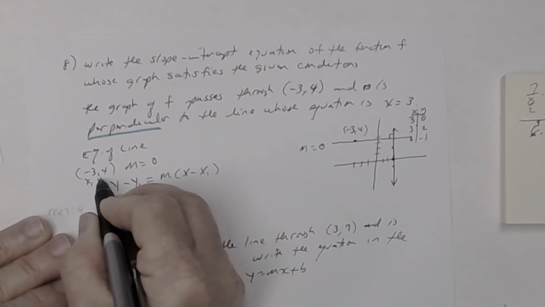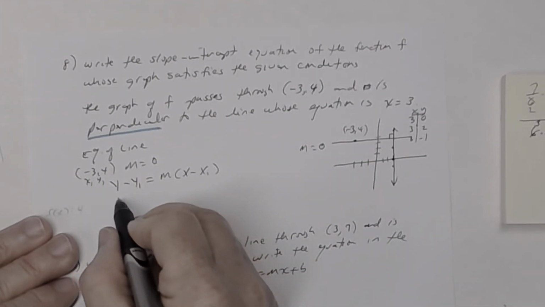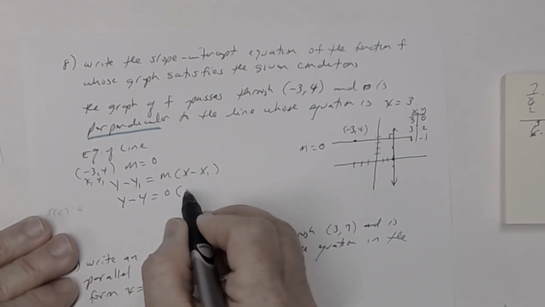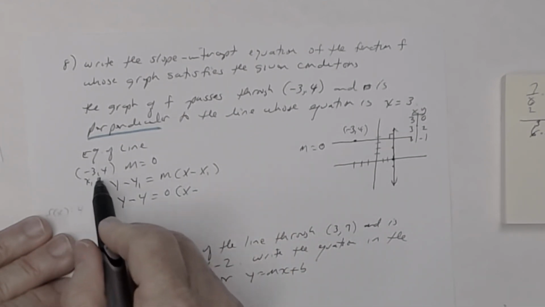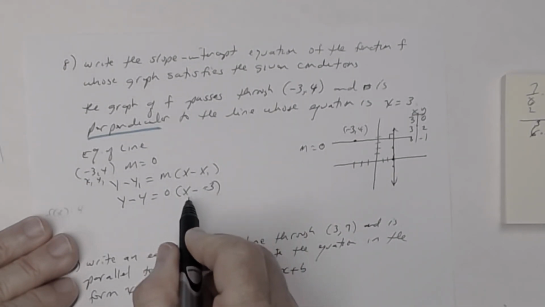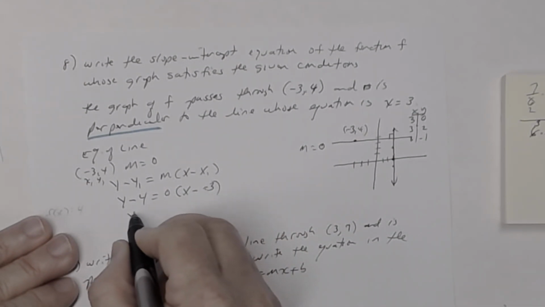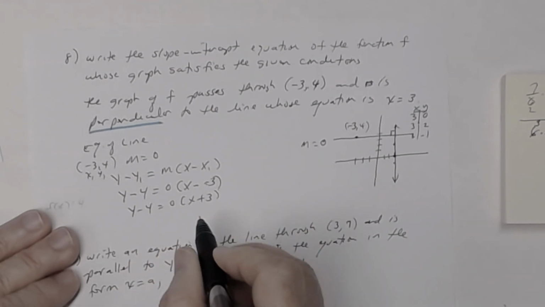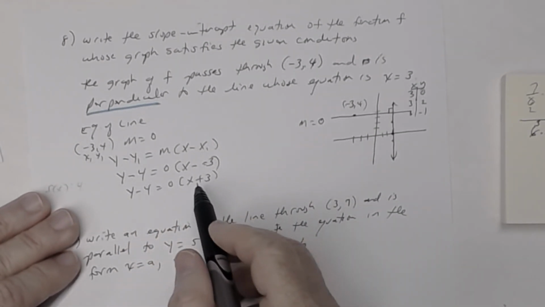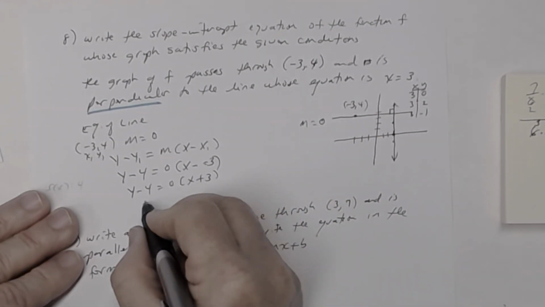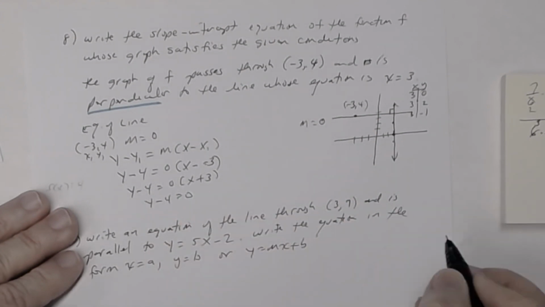So I get y minus 4 equals 0 times x minus negative 3, which is x plus 3. Even if you made a mistake there, 0 times x plus 3 is still 0, so you get y minus 4 equals 0.